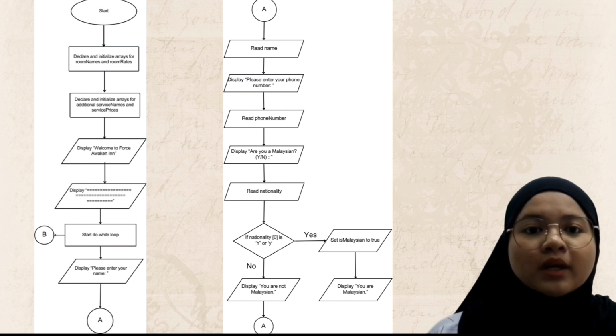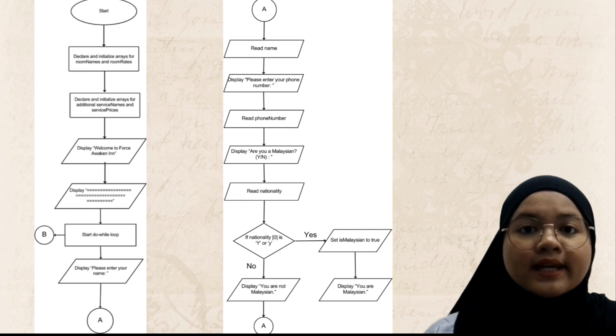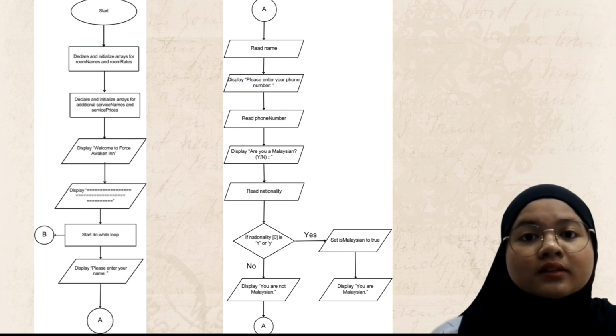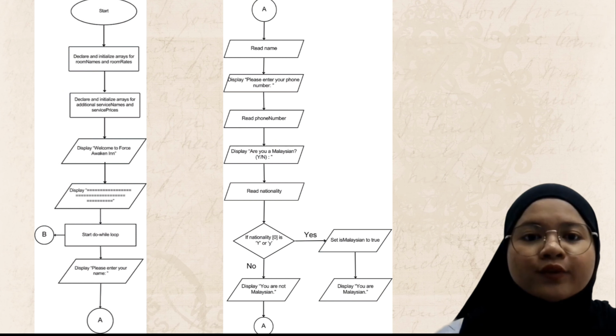The program will display please enter your name, and then the user needs to enter their name. Next, the program will read the name, and then display please enter your phone number. The program will also read the phone number, and then ask, are you a Malaysian?